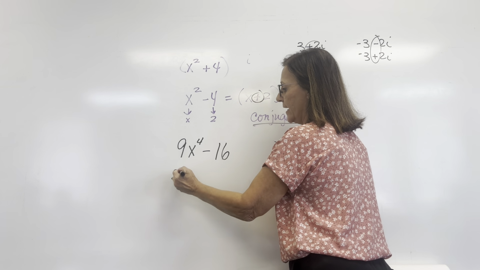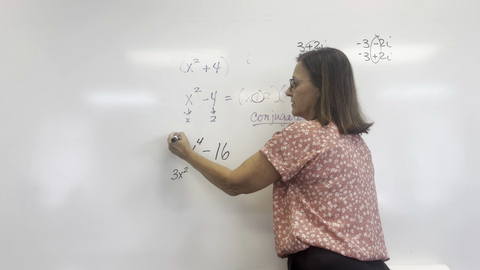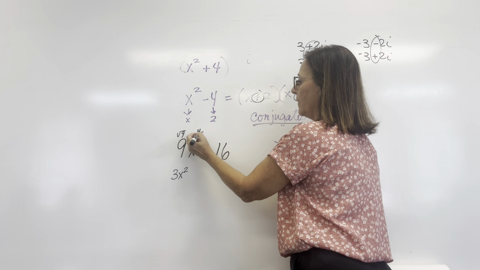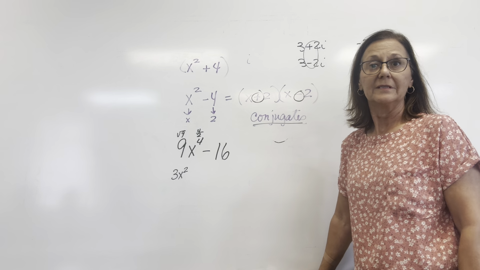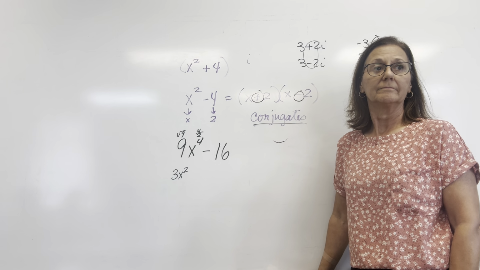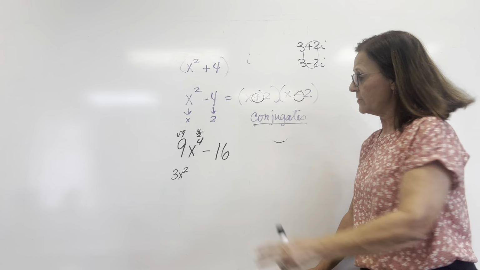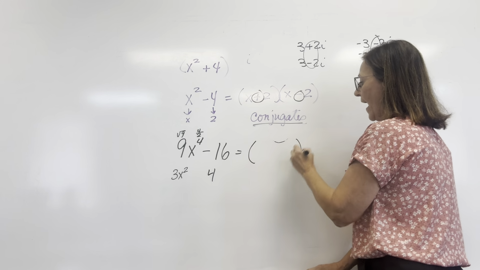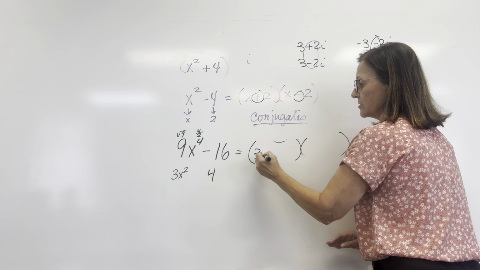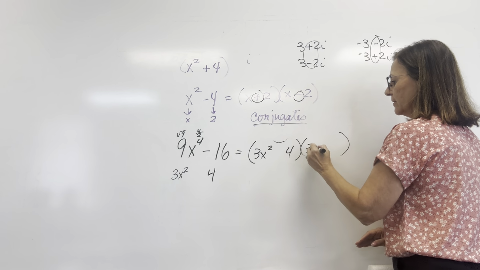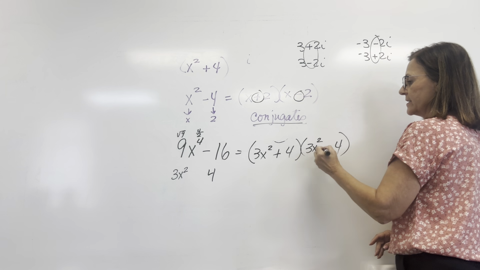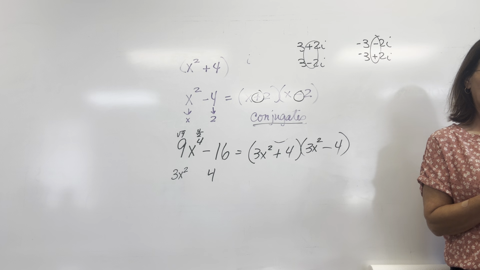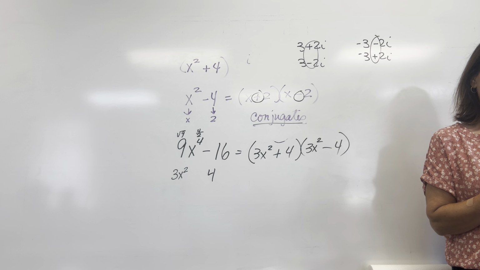So, you take the square root of 9, and you take 4 divided by 2 to get its square root, which gives us 2. All right, what's the square root of 16? 4. So my factors, if I were to factor that, are my square roots, 3x squared and 4, 3x squared and 4. One is plus, one is minus. They're conjugate factors. Make sense?